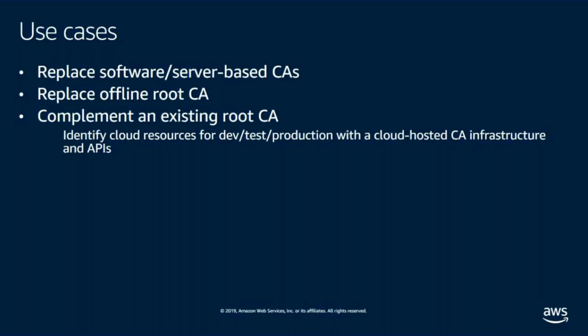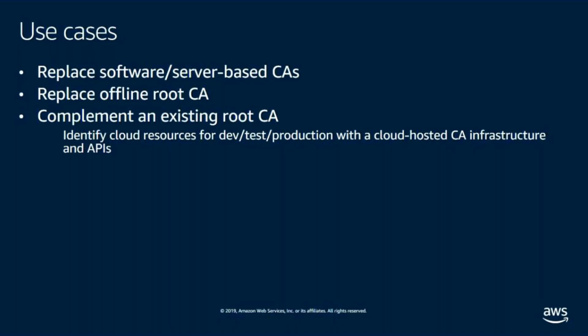An example of this is to create a dev, test, and production environment on AWS with the same infrastructure and APIs shared across dev, test, and production, so that the way you issue a certificate in production is the way you've developed it in dev and test environments. So you know that there are no differences.